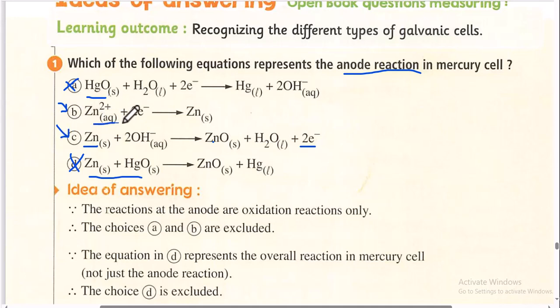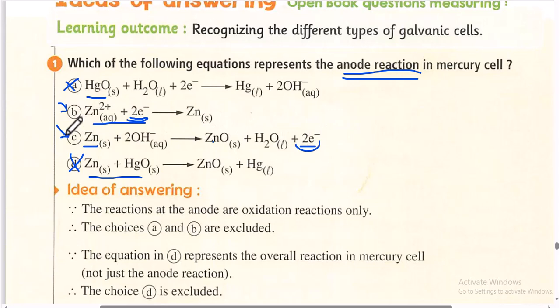The first is a reduction. Zinc acquires 2 electrons, so this process is a reduction process. What happened at the anode is an oxidation process. It is not a reduction process. It is not taking electrons, it is releasing electrons.